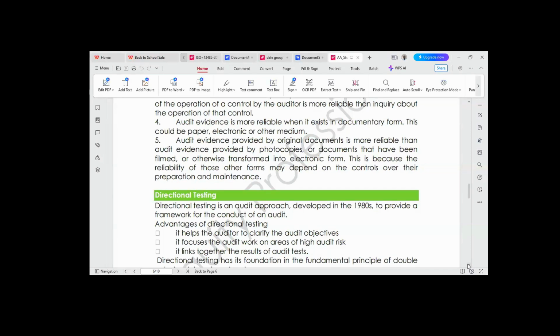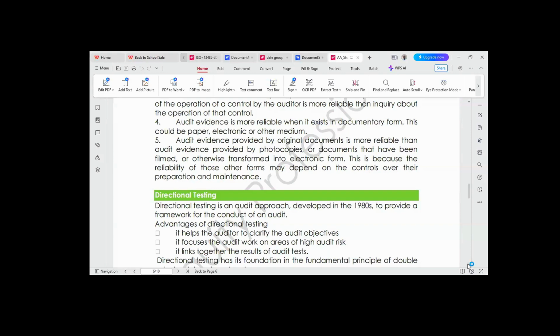When you say you have high audit risk, it means there's a high probability that the audit opinion will be incorrect. What are those areas where you have high audit risk? Most importantly, the current assets, that is inventory, receivables, cash and bank. They are prone to high risk.